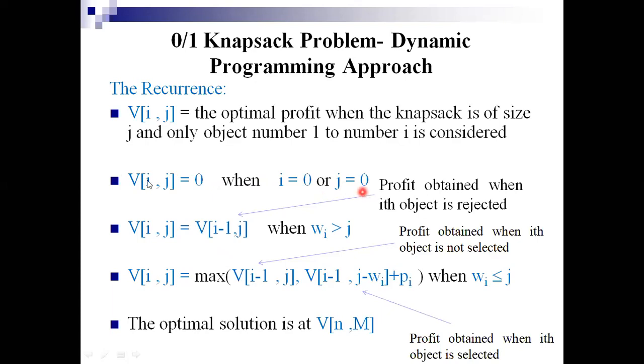That means to say, i indicates what? Rows. Rows means objects. j indicates what? Column. Column means capacity of the knapsack. So when there are no objects, V of 0 comma anything, obviously the profit is 0. When you have no capacity, say for example 5 comma 0, that will be 0, right?